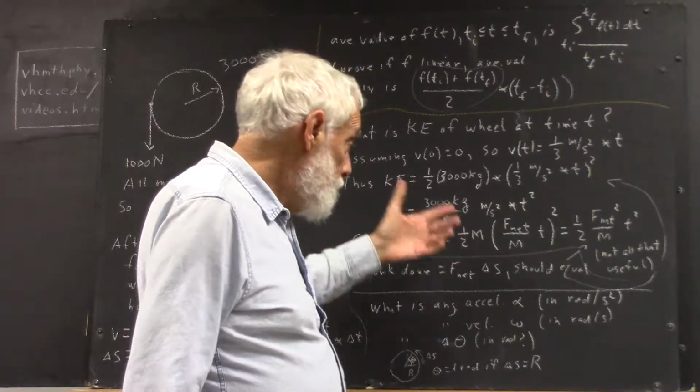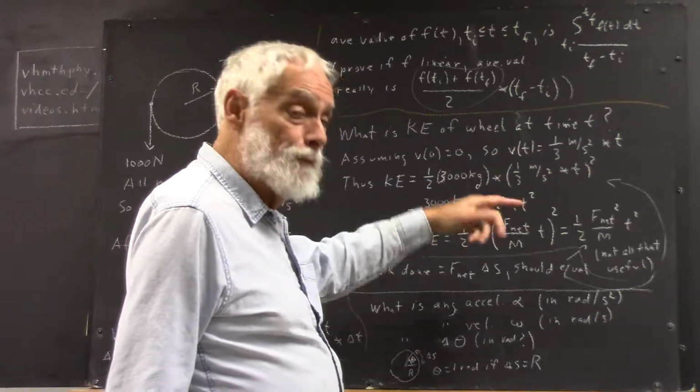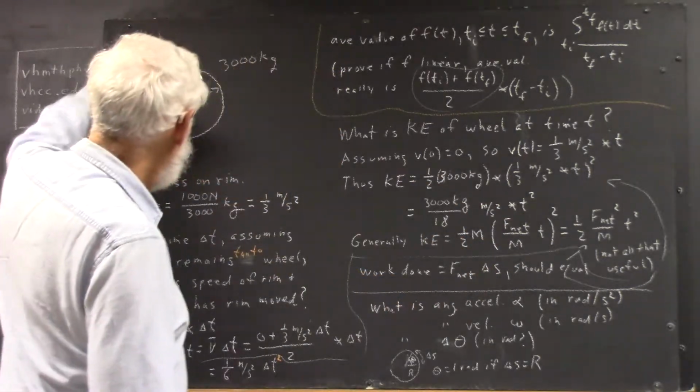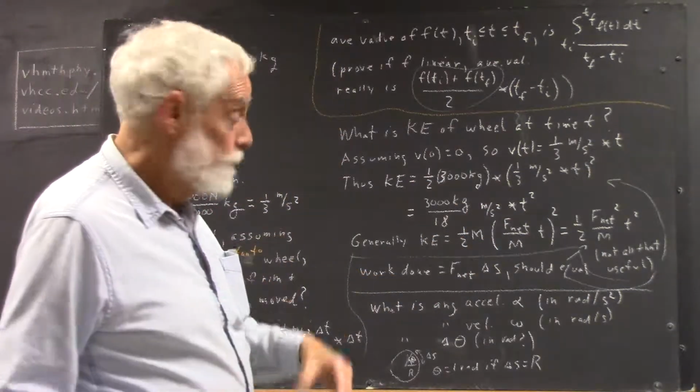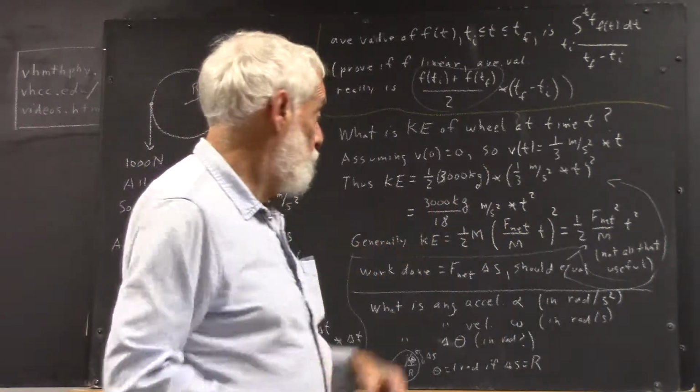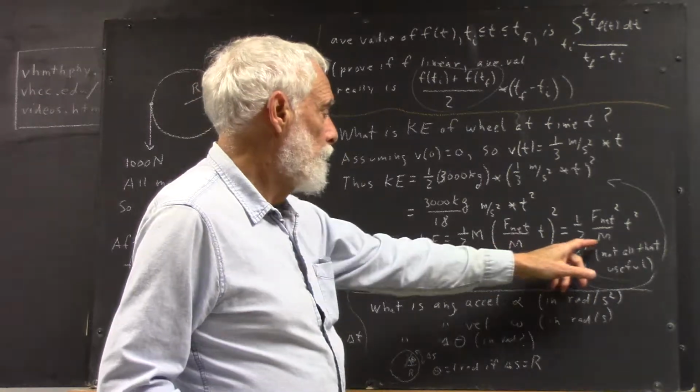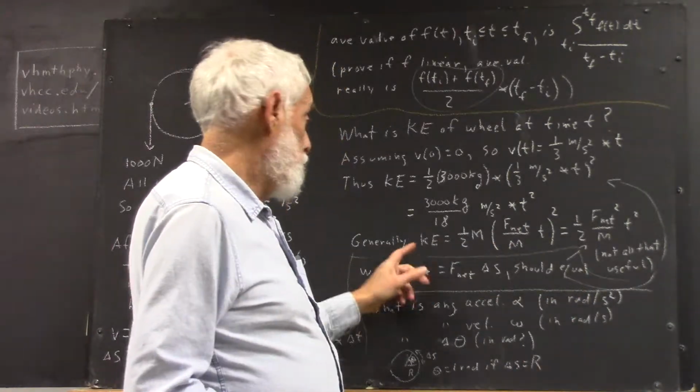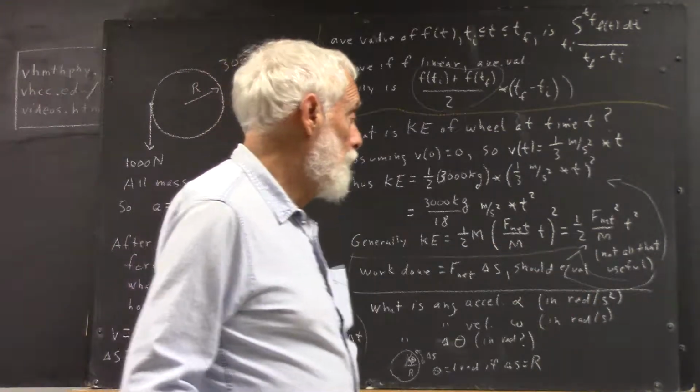So for any net force of this nature that remains tangent to the circle, and a mass distributed over the rim of that circle, a hoop, there's our general form of the kinetic energy as a function of time.